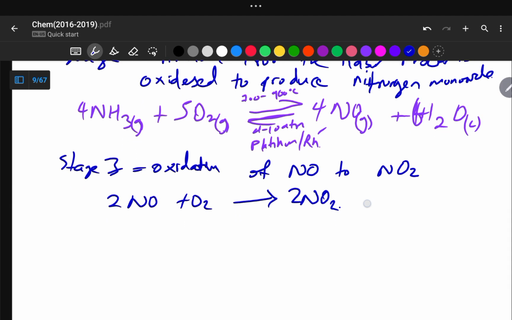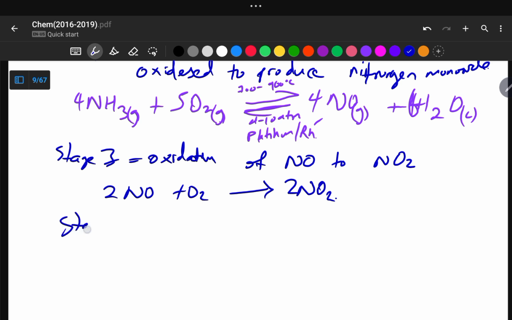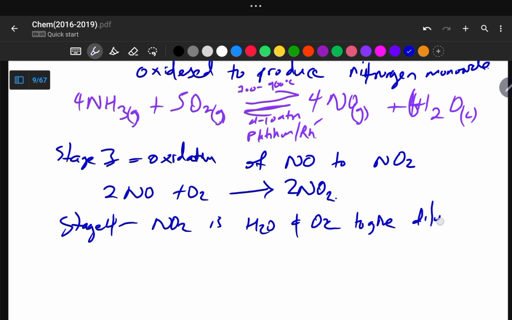And then our stage 4, nitrogen dioxide is mixed with water and oxygen to form dilute nitric acid, right?